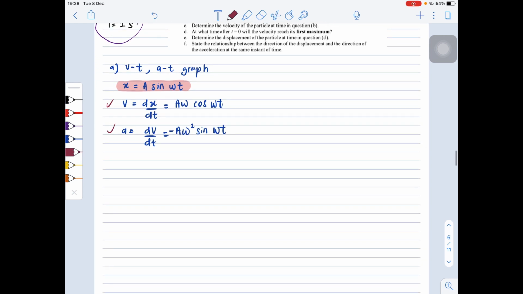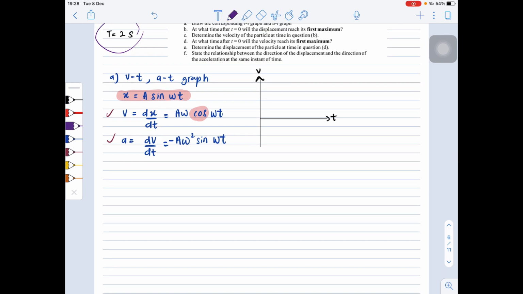So meaning that we are going to draw the graph based on these two equations. Let's draw the graph first. Untuk graph VT, so V here and T here. VT dekat sini dia adalah graph apa? Which is a cos graph. So cos kita akan start daripada this point here.